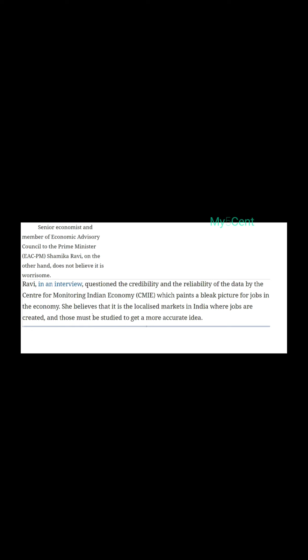However, senior economist and member of the Economic Advisory Council to the Indian Prime Minister, Shamika Ravi, in an interview, questioned the credibility and reliability of the data by CMIE, which paints a bleak picture for jobs in the economy. She believes that it is the localized markets in India where jobs are created, and those must be studied to get a more accurate idea.